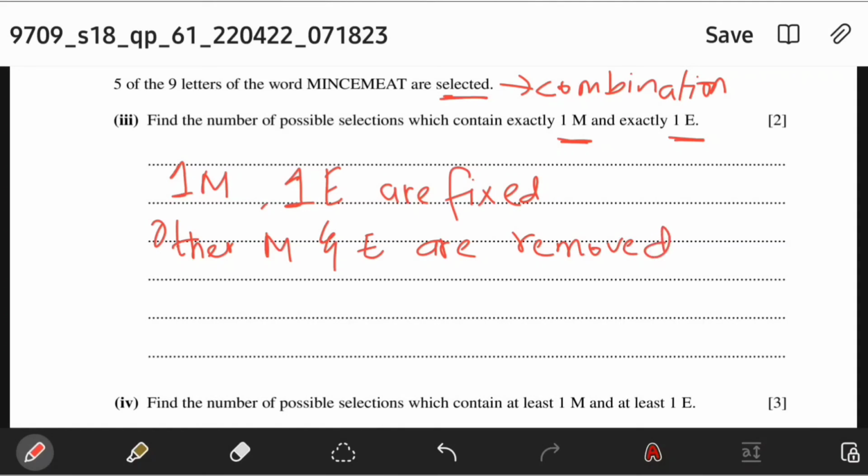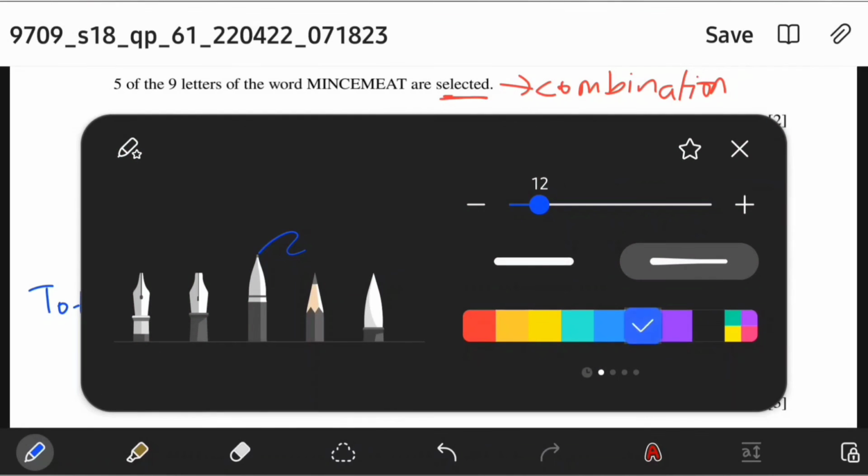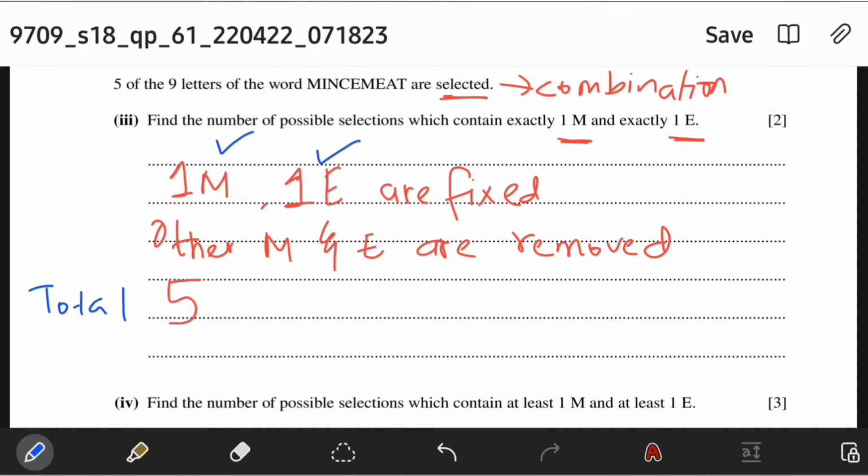So how many letters are left? Removing these 4 letters, we have got only 5 letters left in total, right? And since 1 M and 1 E are fixed, we only have to make 3 more selections, right? So 5C3, and that would be 10. Remember that whatever is fixed, you do not need to add that into calculations.